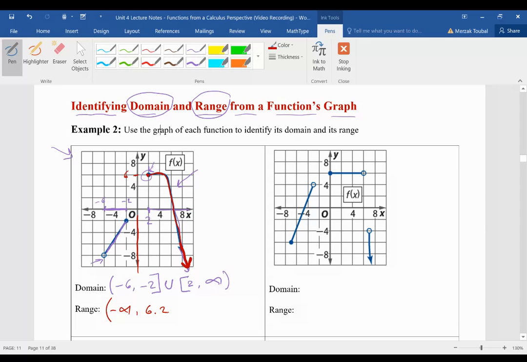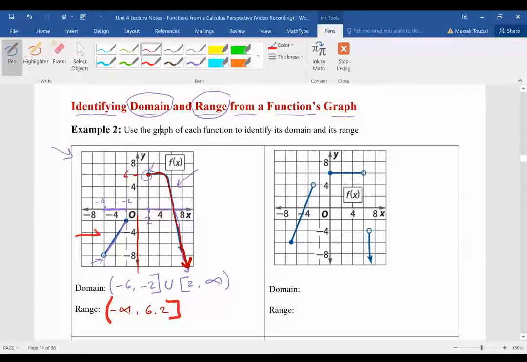The answer may differ from one person to another. But 6.2 is a good approximation to the answer. And then we need a bracket in here, not a parenthesis. So bracket, because 6.2 is included.